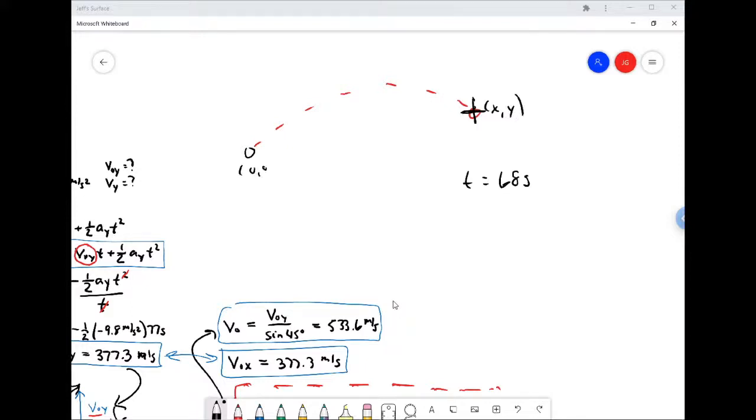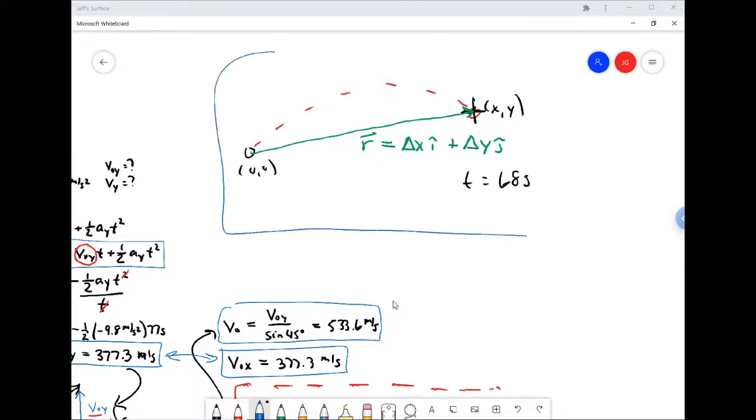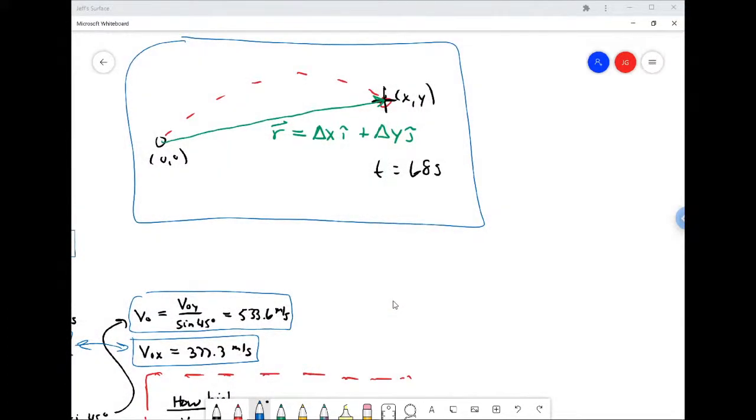It starts at x, y equals 0, 0, and it ends somewhere. So this is saying, find this displacement. It's representing it as a vector r, and r is going to have an x component and a y component. This is an image of what you're trying to find here. It's like taking a snapshot, not when it reaches the end of its flight, but 68 seconds in.